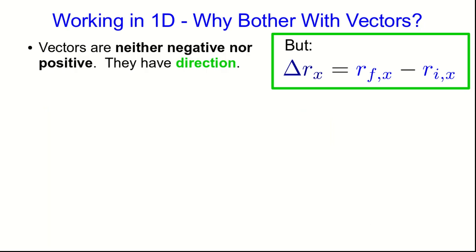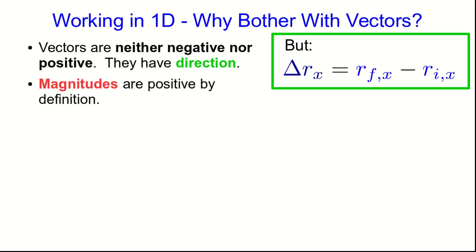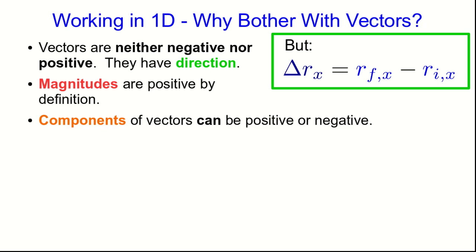In particular, notice, vectors are neither negative nor positive. They have direction, and that's different from being negative or positive. Magnitudes, though, are always positive by definition, whereas components of vectors can be positive or negative. Keeping this straight will save you a lot of confusion later on.